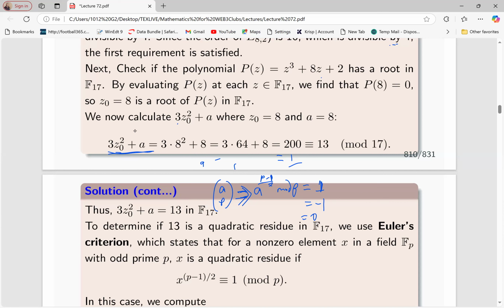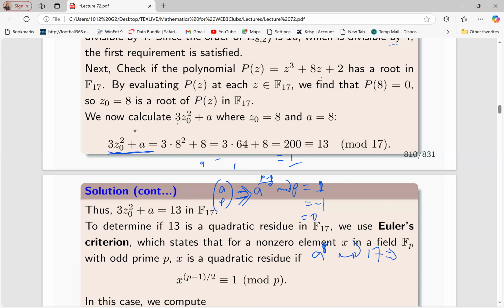So in our question, our P was 17. So then we are talking about A raised to 17 minus 1, which is 16, divided by 2, that is 8, mod 17. We want to see what we get. If the answer is 1, then it means that A is a quadratic residue.